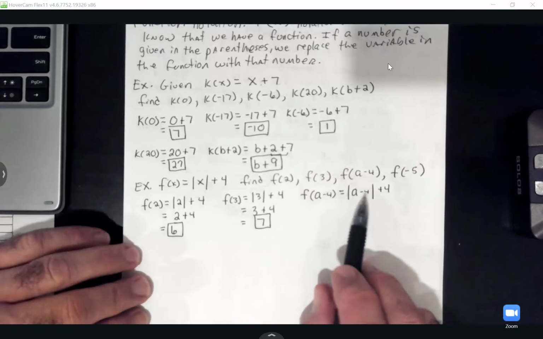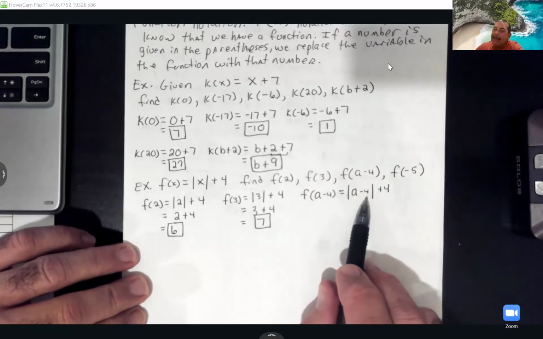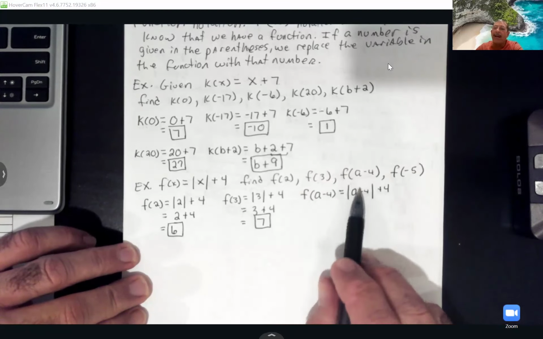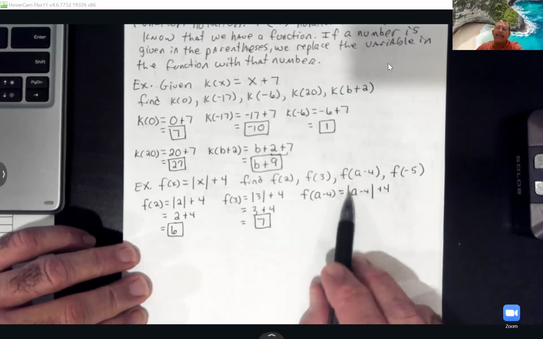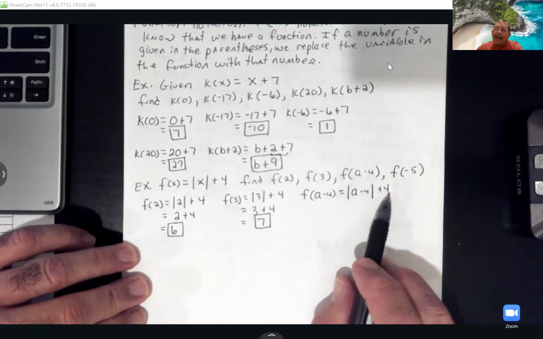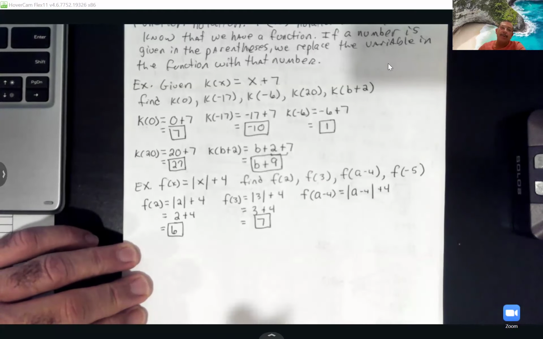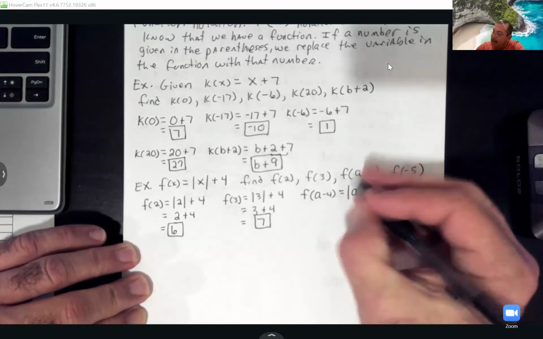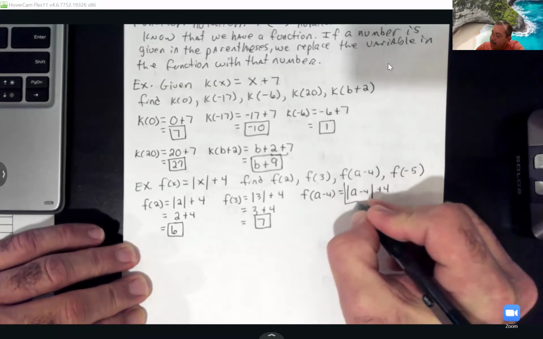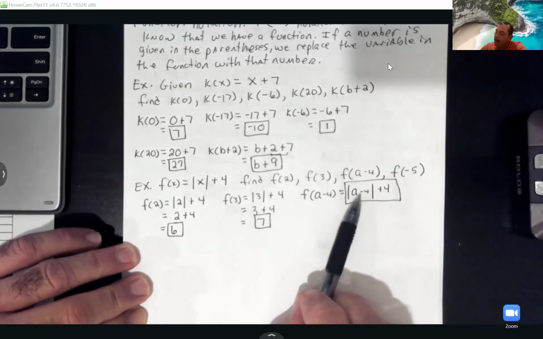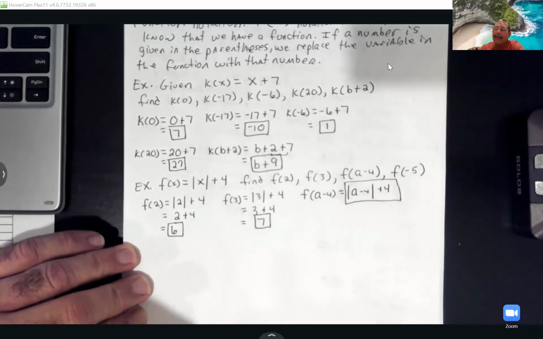What they're trying to get you to do is add this negative 4 to this positive 4, but we cannot do that when we got something inside absolute value. You cannot add to stuff on the outside. So this is the only problem on your homework where this is the actual answer. This one can't be worked because we don't know what that a is.